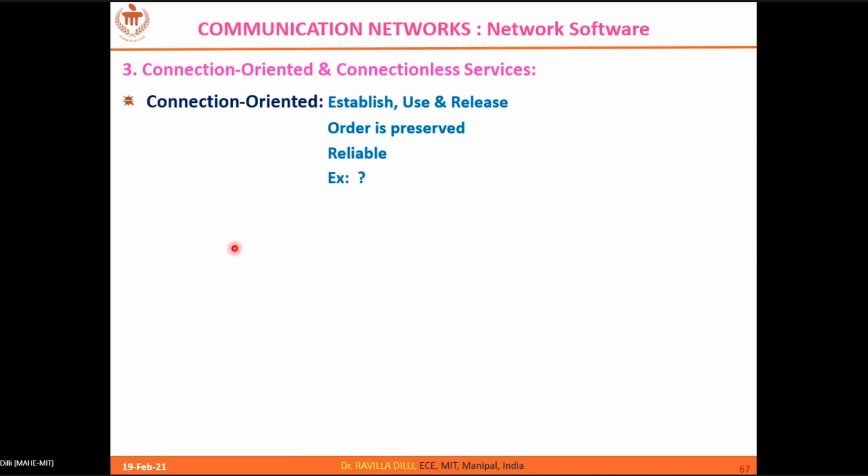Are you establishing a call before you send the normal phone message? The normal phone call, exactly. So it's a conventional phone call. The best example is a phone call. So you are establishing a call before you start talking, right?